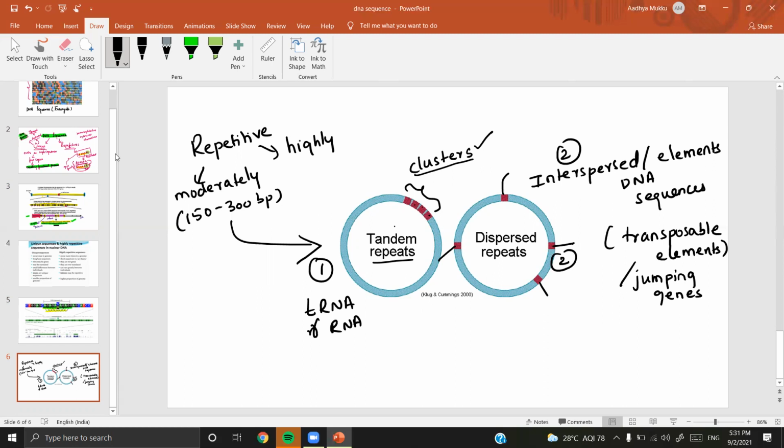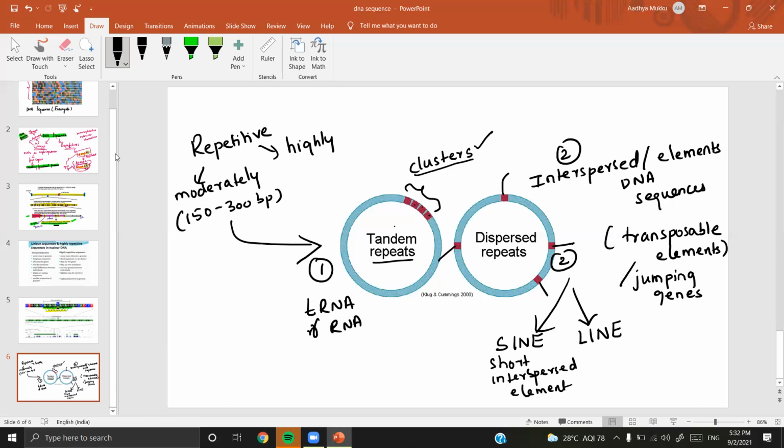Coming to the interspersed ones, they are again divided into the short interspersed elements, called SINEs, and the long interspersed elements, called LINEs. This is a short interspersed element.